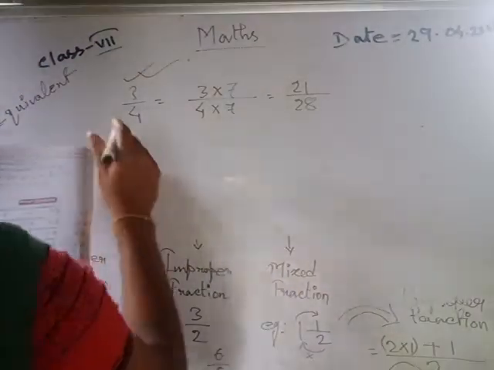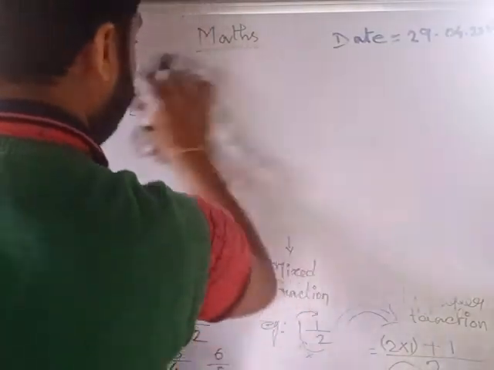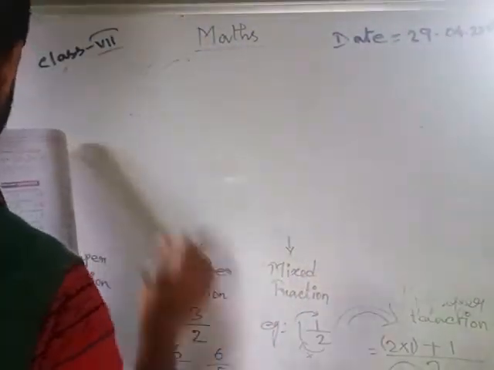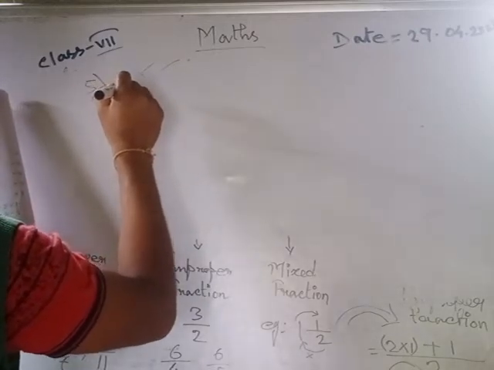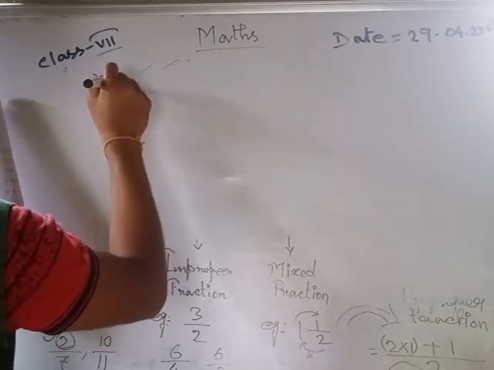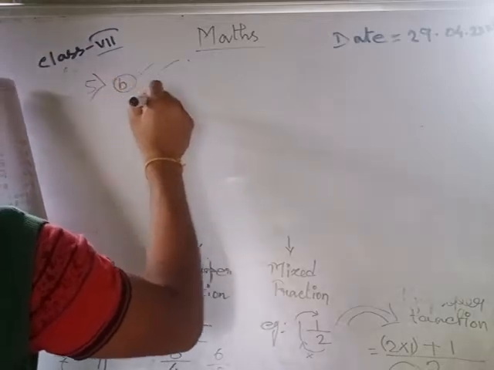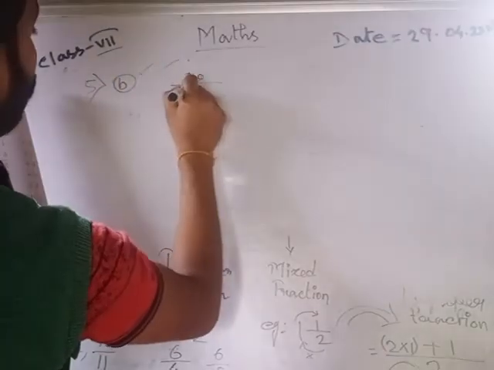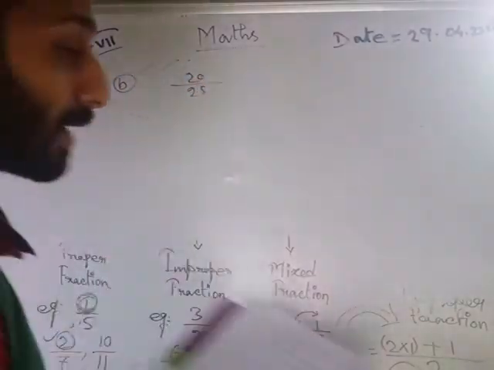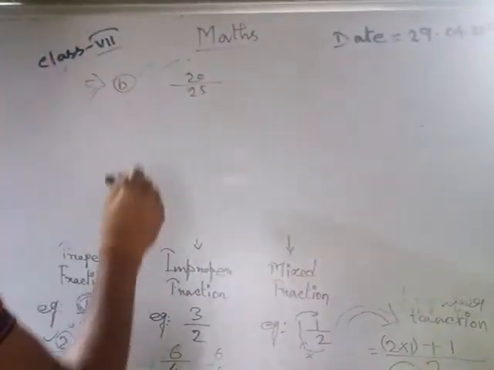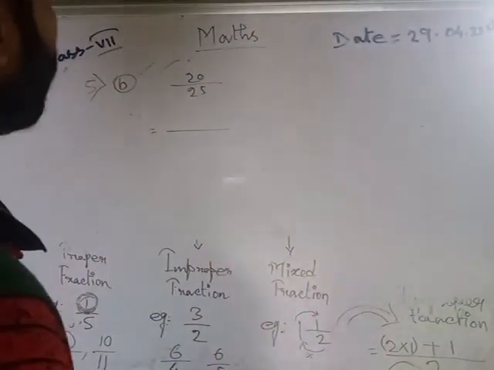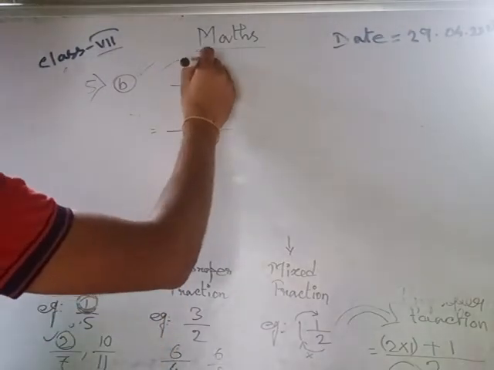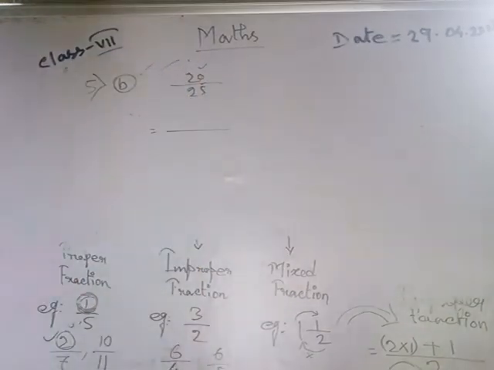How to divide it? Number 5. Suppose it is 20 by 25. At first we should apply the divisibility test. From the divisibility test, the ones place is 0 or 5.